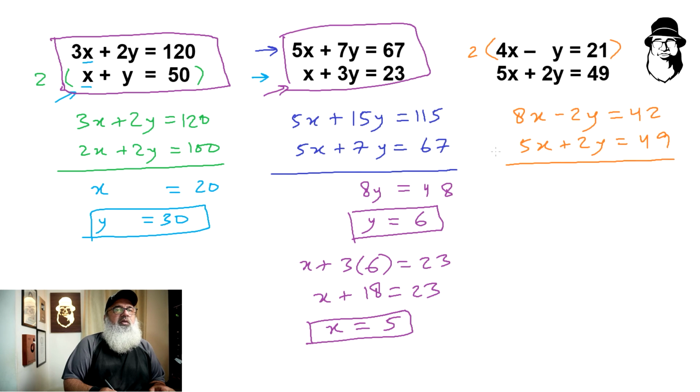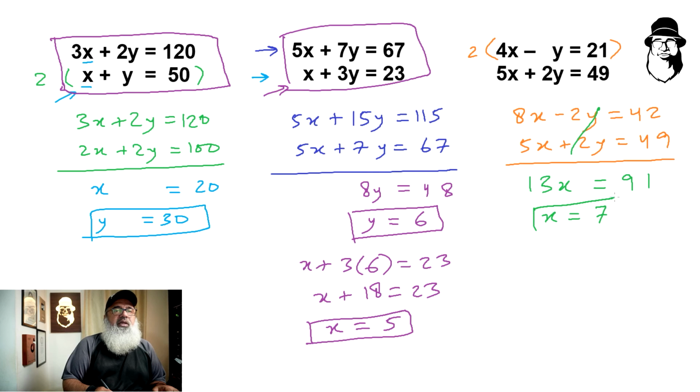Now we are just adding the equations. So the y terms cancel out. 8x plus 5x is 13x, and 42 plus 49 is 91. And then we divide both sides by 13 to get x is equal to 7, since 13 times 7 is 91.